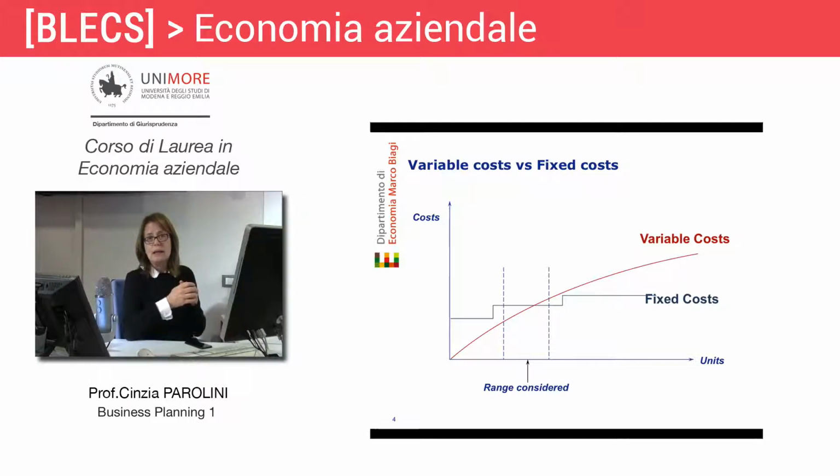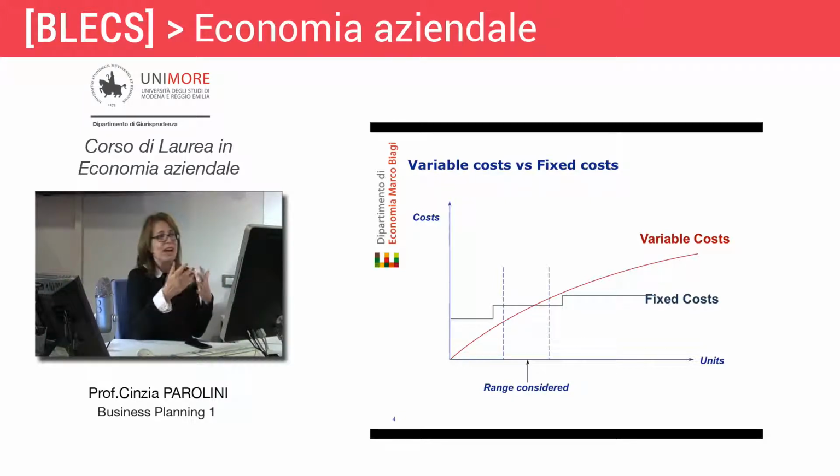Fixed costs are not linked to volumes, but they are linked to production capacity. So they are fixed, but when I increase my production capacity, fixed costs do increase. So they typically increase by steps. This is true for fixed costs linked to capacity.